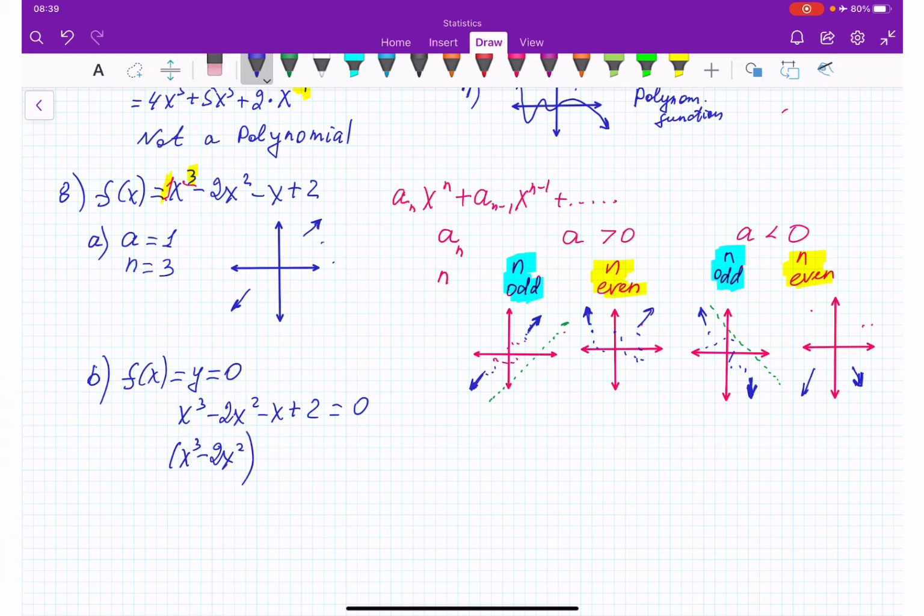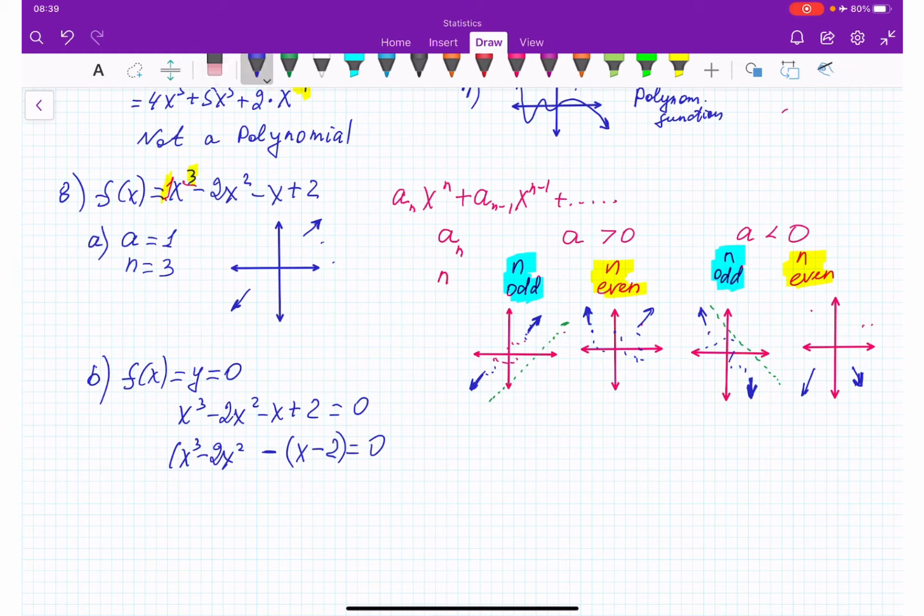And here, since I have a minus, within parentheses I'm going to flip every single sign. Negative x will become positive, positive 2 will become negative. If I open the parentheses and go back, I get the same thing: positive x becomes negative x, negative 2 becomes positive 2. See, I got the original one.